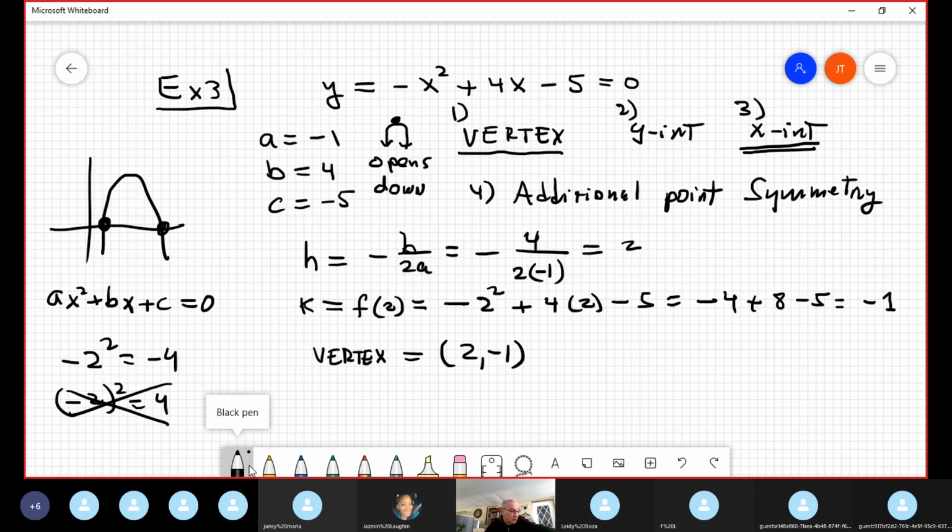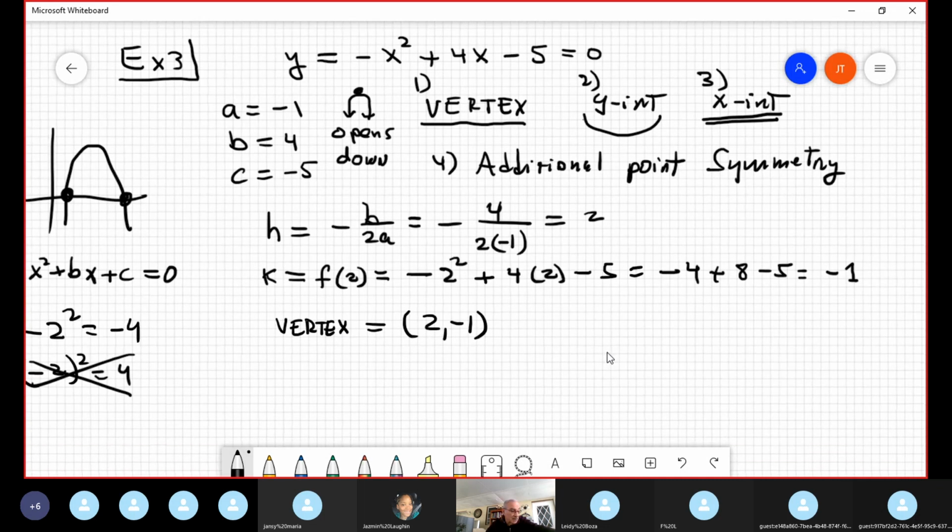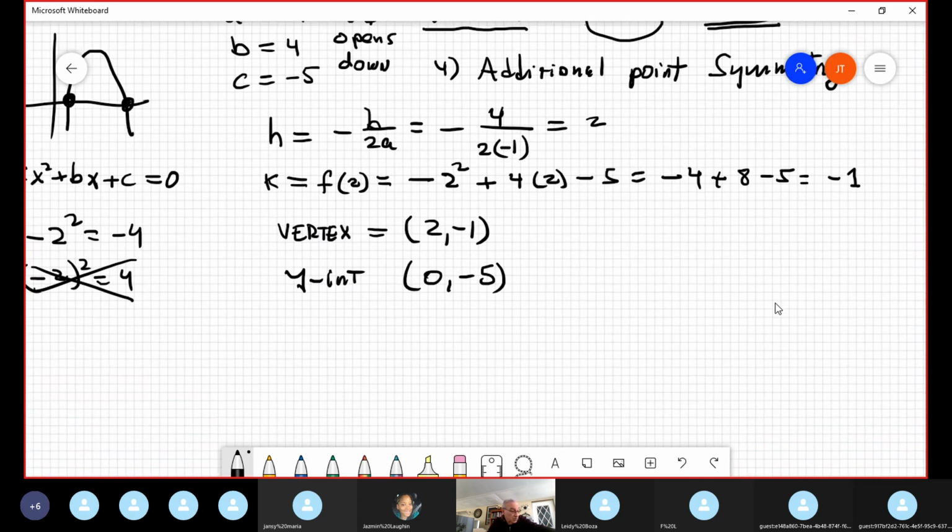Okay. Let me find the second, the y-intercept. It's easy, because I know that in standard form, C is the y-intercept, which in this case is -5. So the y-intercept is obviously the point (0, -5), without doing anything. The x-intercept is always more complicated, because I need to solve the quadratic equation.